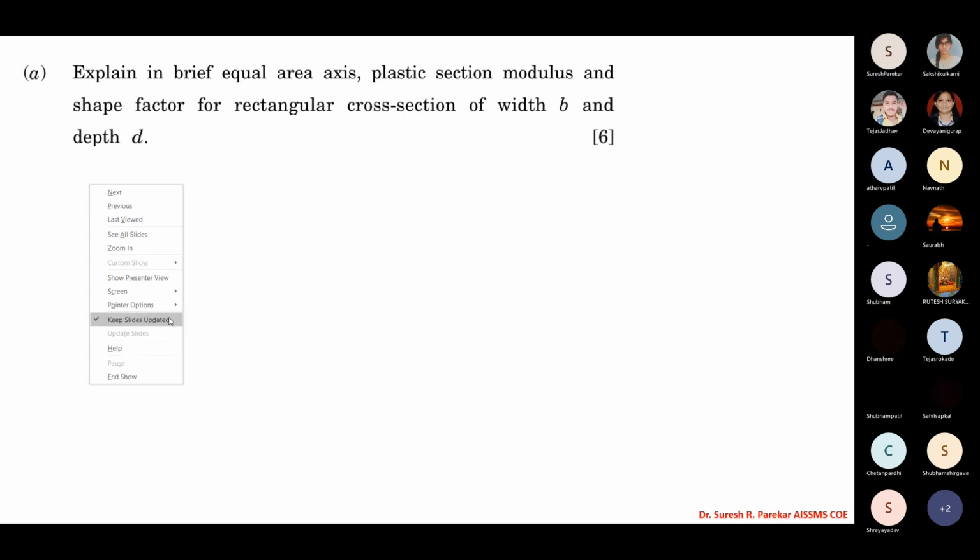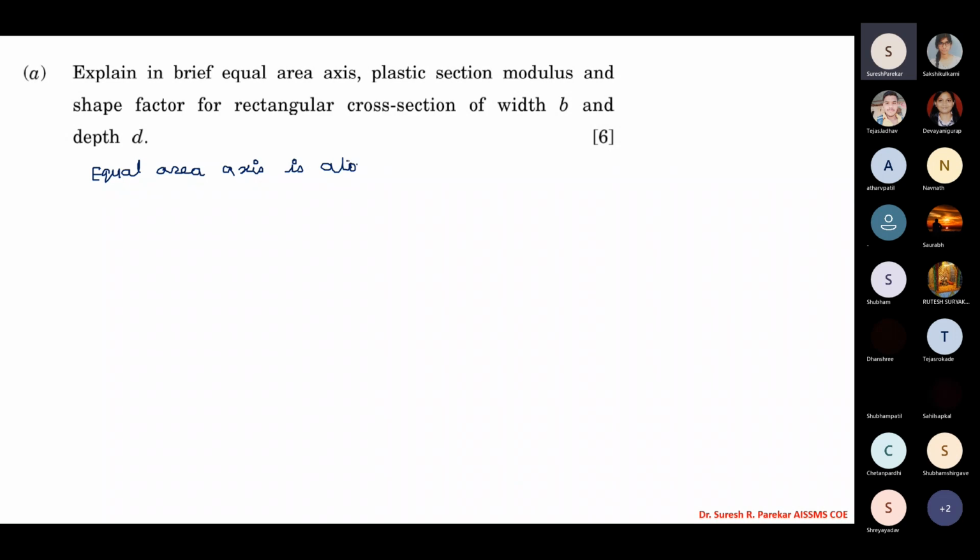So we have equal area axis is nothing but plastic neutral axis. Equal area axis is also known as plastic neutral axis.